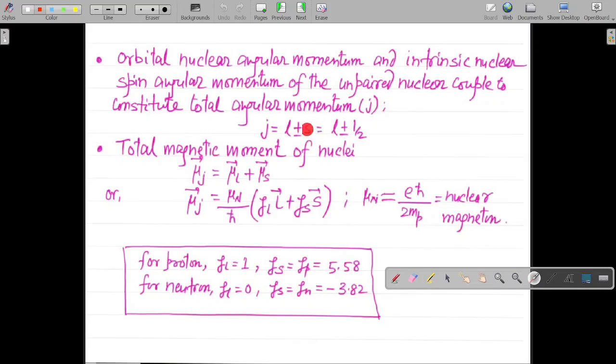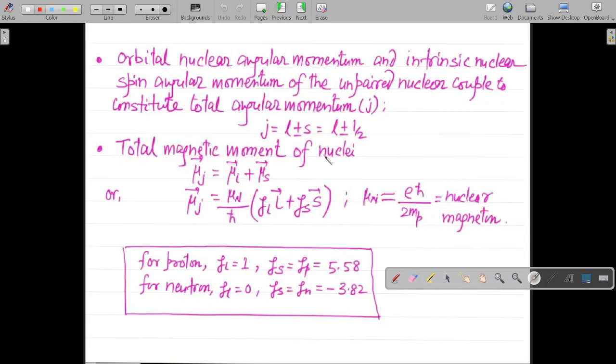Now S has two possible values, plus half and minus half. So J will have a value equal to L plus or minus half. Now, what is the total magnetic moment of nuclei?